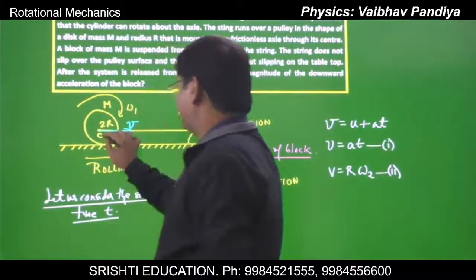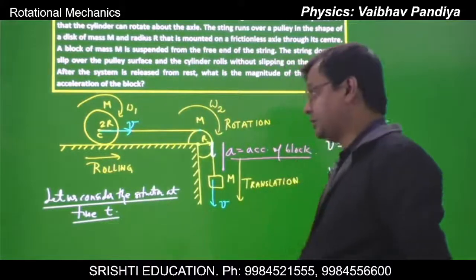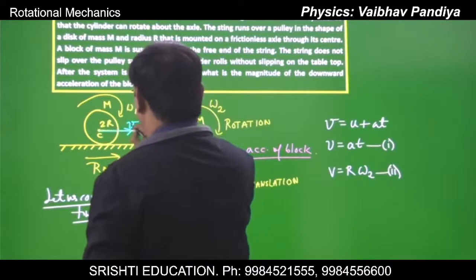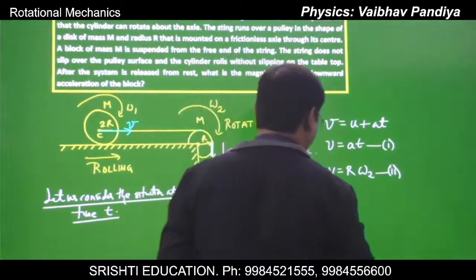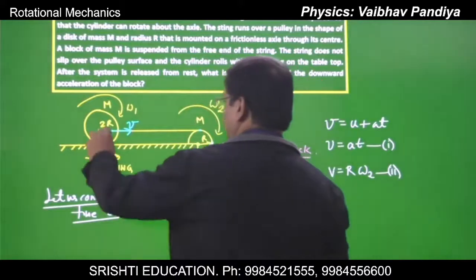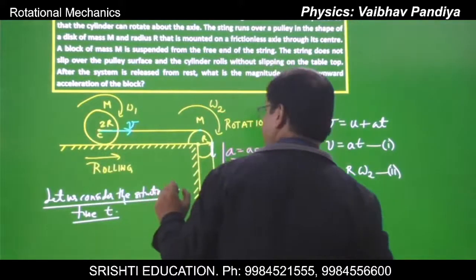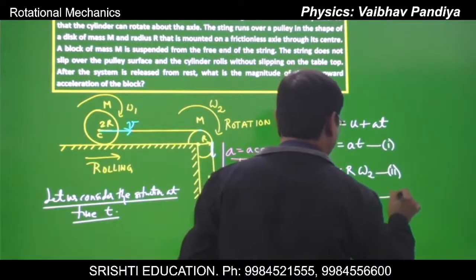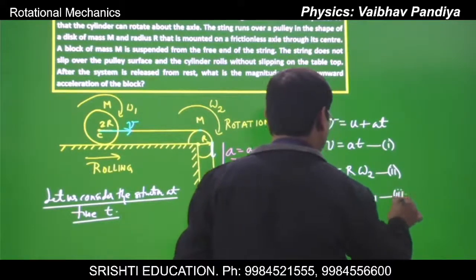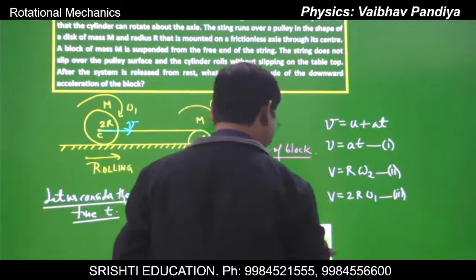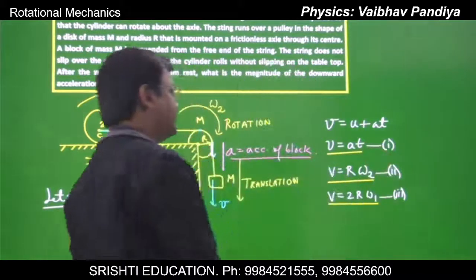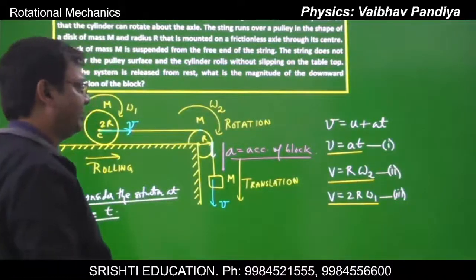And since the cylinder is in pure rolling, you can apply the concept of pure rolling, which says that center of mass speed is r omega. So for the pure rolling of the cylinder, the center of mass has a speed v, radius is 2r, and omega is omega 1. So we'll get this equation, v is equal to 2r omega 1. Okay, so we have these different equations relating v, r, omega 1, omega 2.